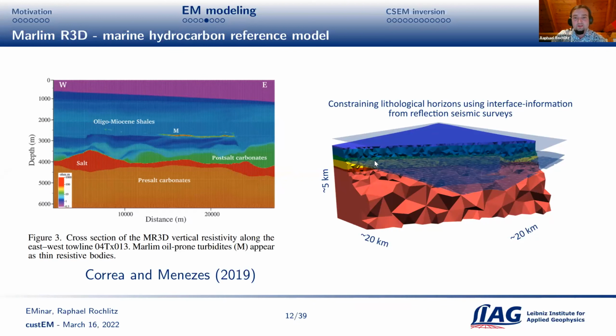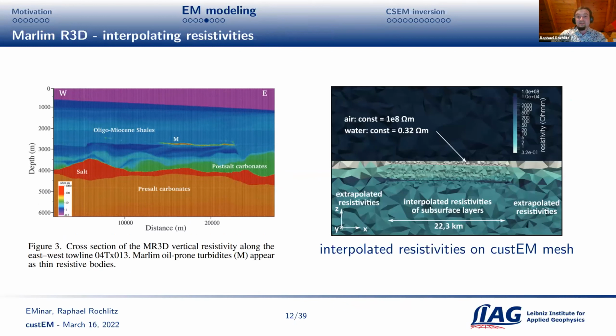So we know the depth of the main geological horizons, and we can include these geological horizons into a mesh. So we have a good approximation of the main geological horizons, and that also helps us to interpolate our resistivities later on, because the main geological horizons have phases to the next element.